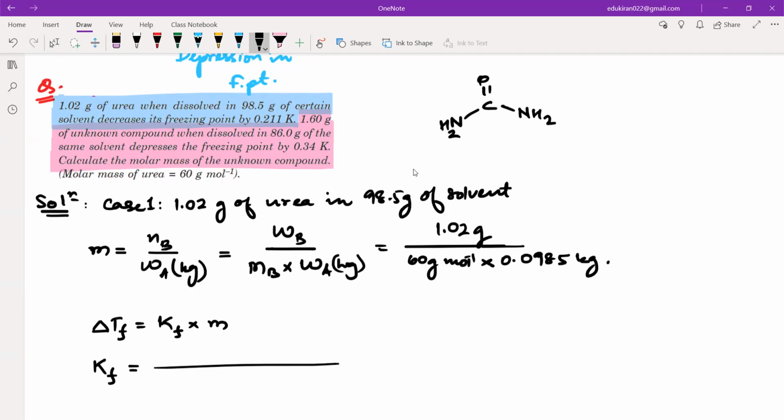So delta TF is equal to 0.211, and molality goes in the denominator. अच्छा ये लिखिए तो आपको कैलकुलेट कीजिए तो KF कितना आ रहा है आपका. मोलालिटी आपके पास है, डेल्टा TF भी आपके पास है. ये कैलकुलेट कीजिए आप.